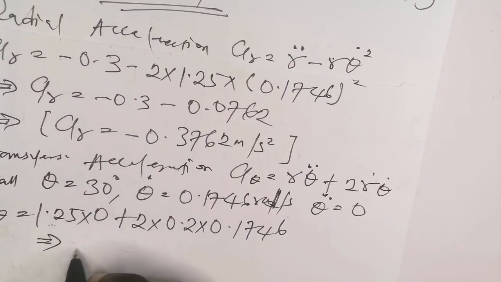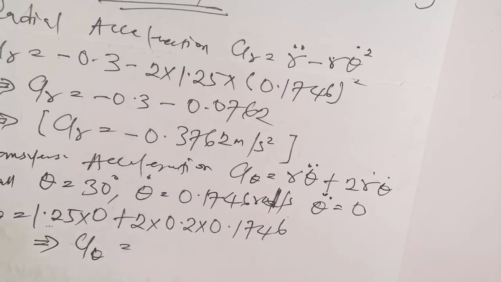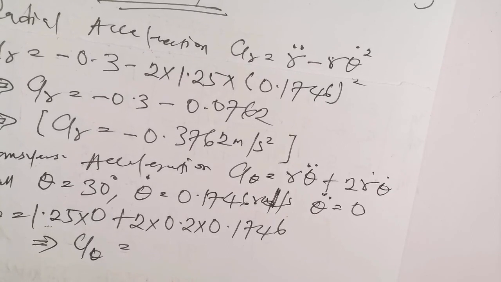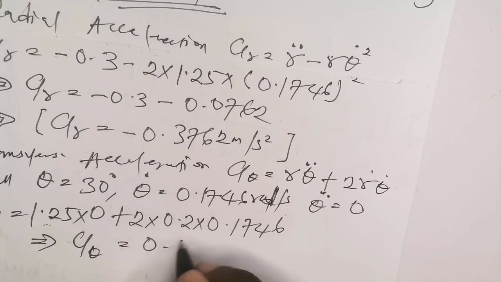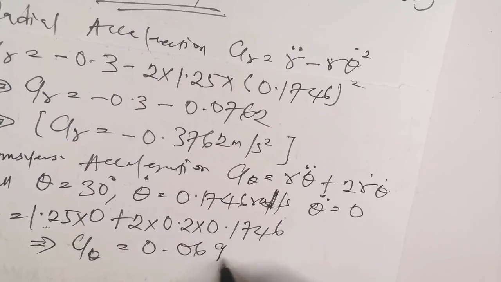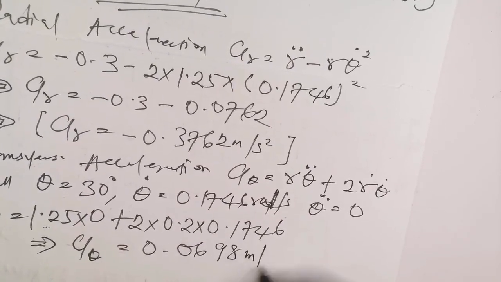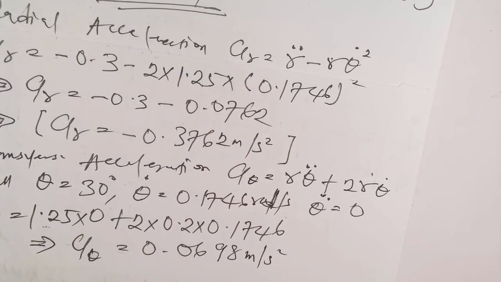This implies that the transverse component of acceleration is equal to 2 times 0.2 times 0.1746. That gives us 0.0698 in meters per second squared. So this is the transverse component of the acceleration.